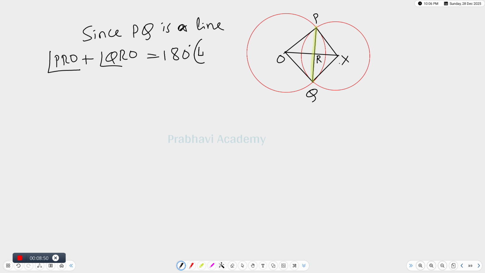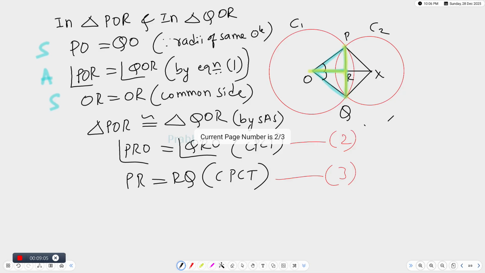So I can call it a linear pair. In the last slide we have seen that PRO is equal to QRO.